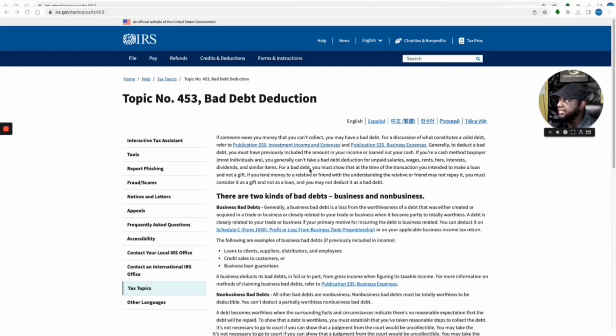For a bad debt, you must show that at the time of the transaction, you intended to make a loan and not a gift. If you lend money to a relative or friend with the understanding that they may not repay it, you must consider it a gift and not a loan, and you may not deduct it as a bad debt.